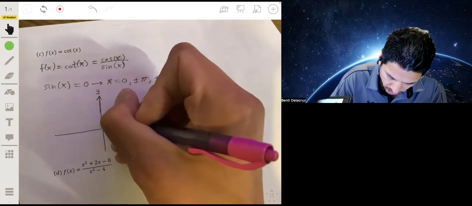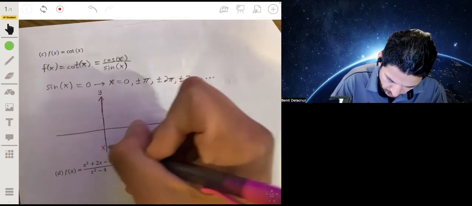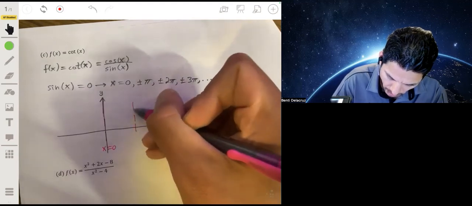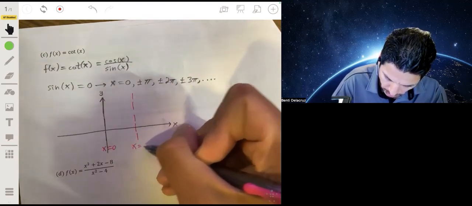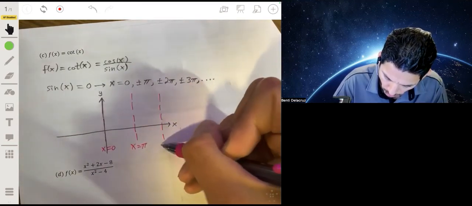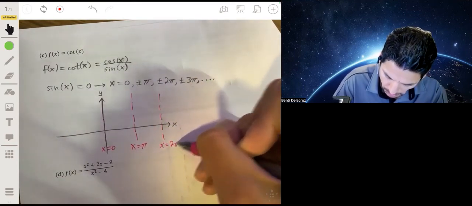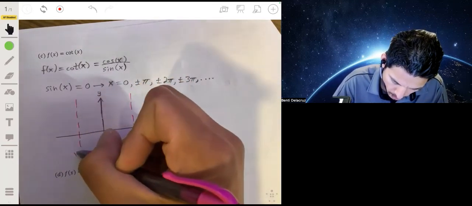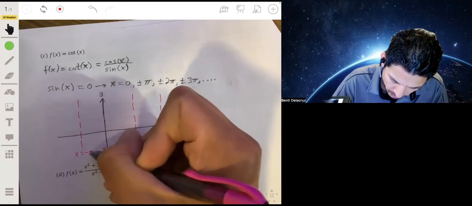So you're having an asymptote through the y-axis, x equals 0. You're going to have 1 at x equals pi, x equals 2 pi, x equals negative pi, and so forth.